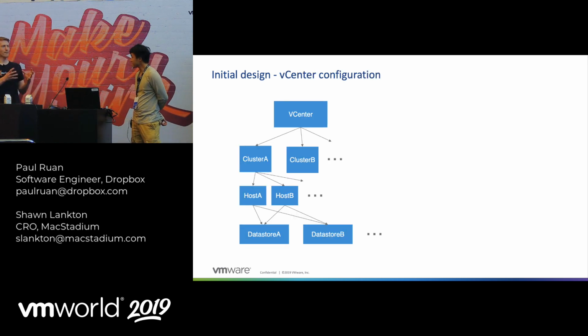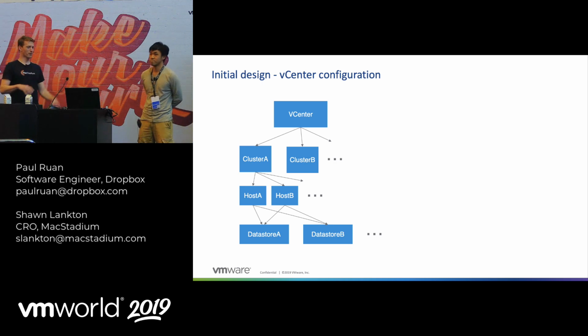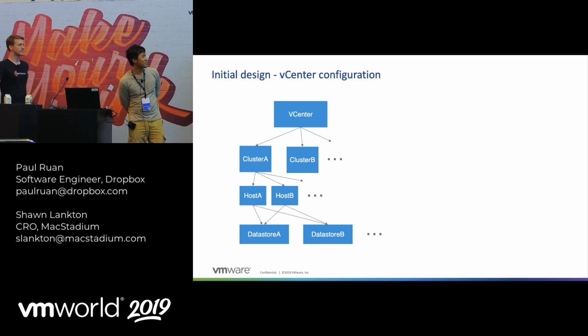Talk about how that vCenter actually works and integrates with your Macs. Yeah, so diving deeper into what our vCenter setup looks like. We run a single vCenter with hundreds of Mac hosts. They are organized into multiple clusters for a few reasons.